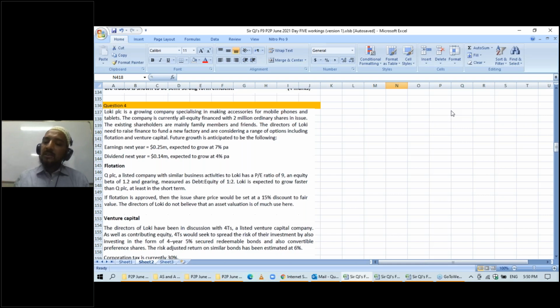Now, let me tell you about the sequence, how to attempt the paper. What to do first? Should we attempt the objective type questions first, section A, section B, or section C?